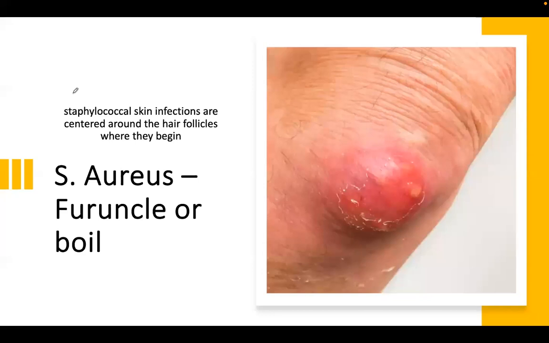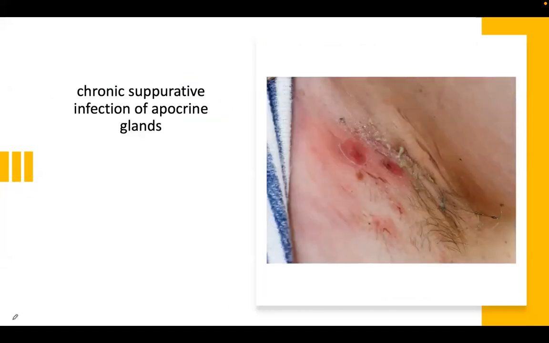Always remember this dictum cited in Robbins that the classic staphylococcal skin infections are centered around the hair follicles. Please take note of that. Now, next is the chronic suppurative infection of the apocrine glands.